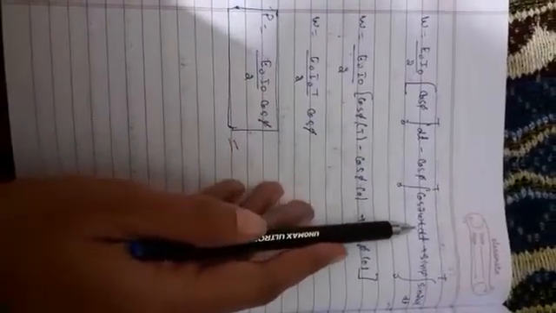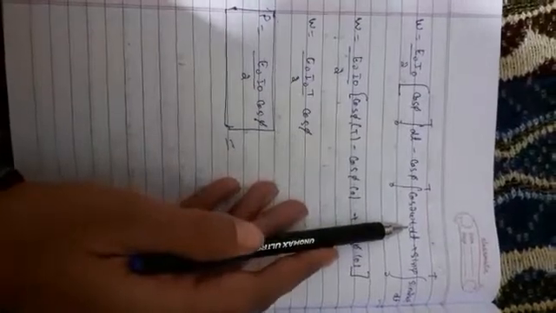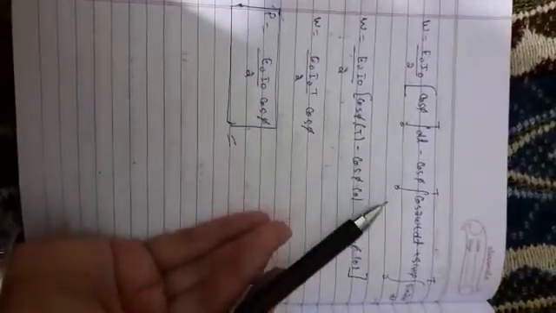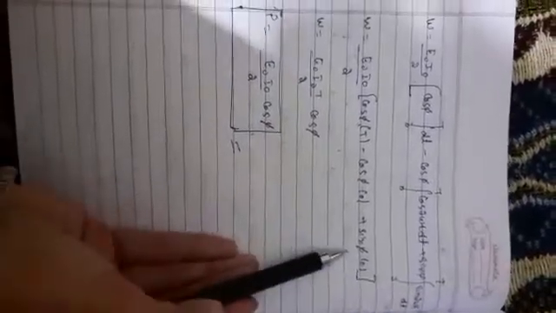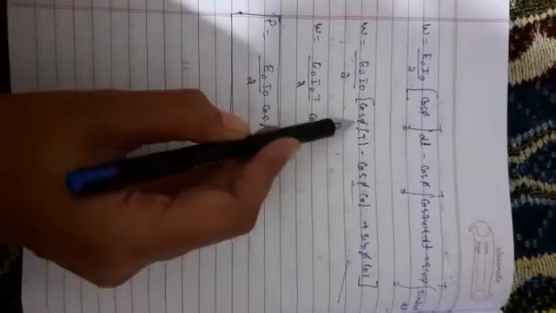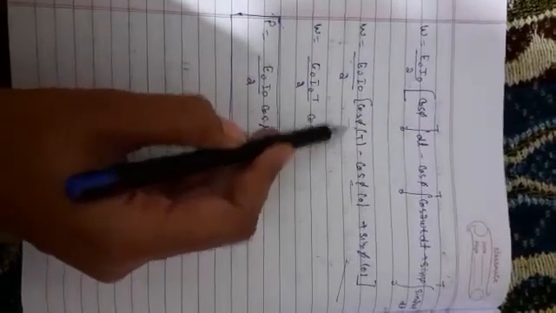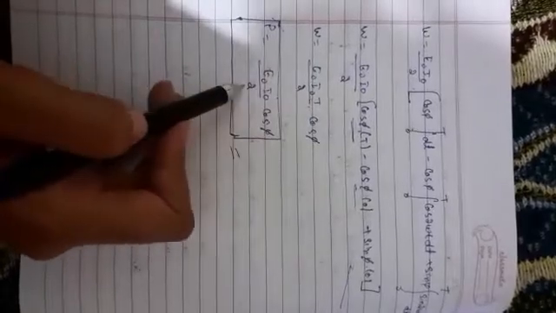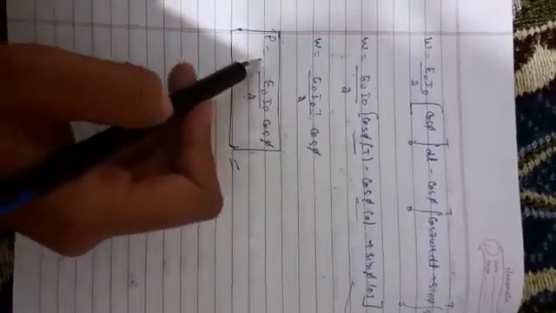Integration of cos 2 omega t will be sine, and sin 2 omega t upon 2 is equal to 0. Here sin 2 omega t came, so it will directly come to 0 value, and the parameter which will be left is only this. So t I have taken over there, E naught I naught upon 2, because I have to convert it into power, and we know power is equal to work done upon time.